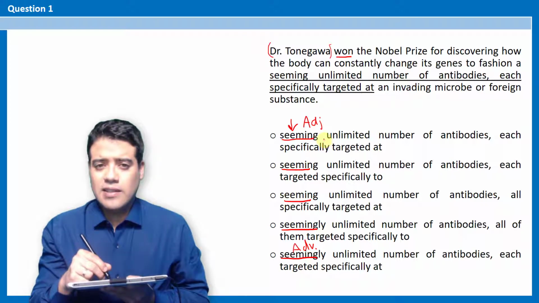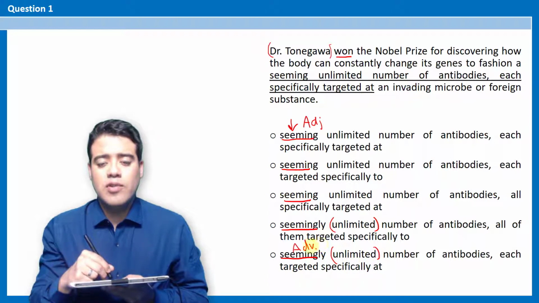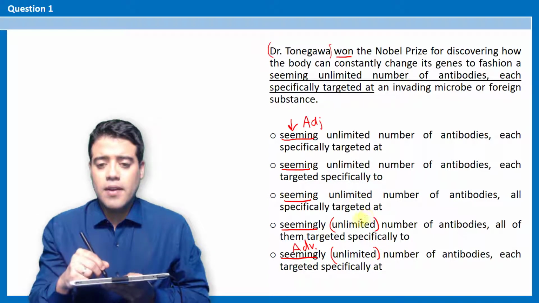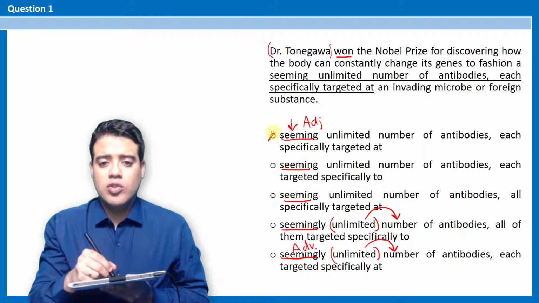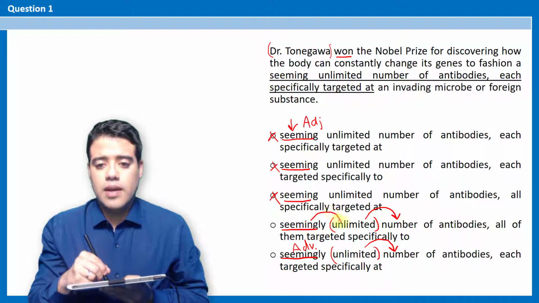That doesn't make any sense, does it? If you want to modify the word unlimited, which is an adjective, you need to use an adverb. Remember that unlimited is an adjective because it describes the noun number. So you can eliminate choices 1, 2, and 3 because you need the adverb to describe unlimited.